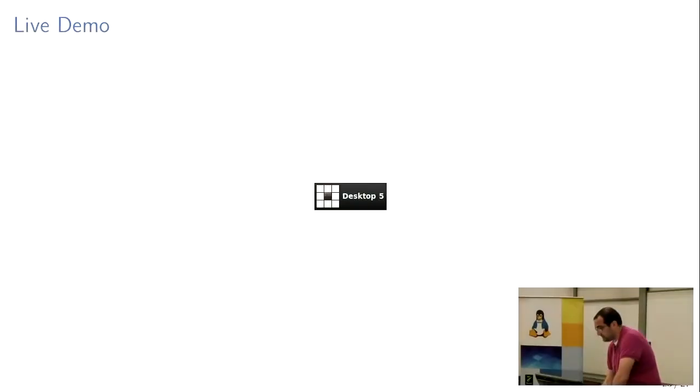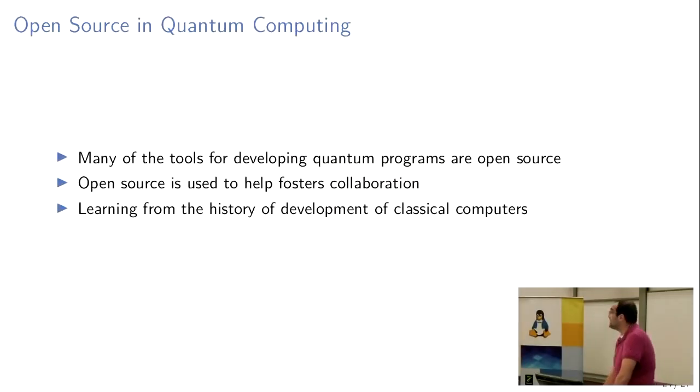And then I'll go back to my slides to talk a little bit about the role of open source in quantum computing. So the thing that's really interesting is a lot of the tools for dealing with quantum computers are open source. Most of them are licensed under Apache 2, probably for patent reasons, because this is all brand new stuff.